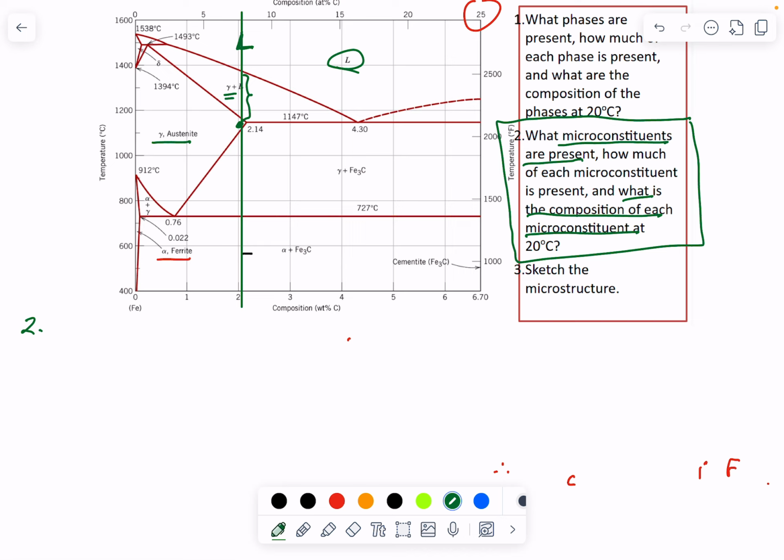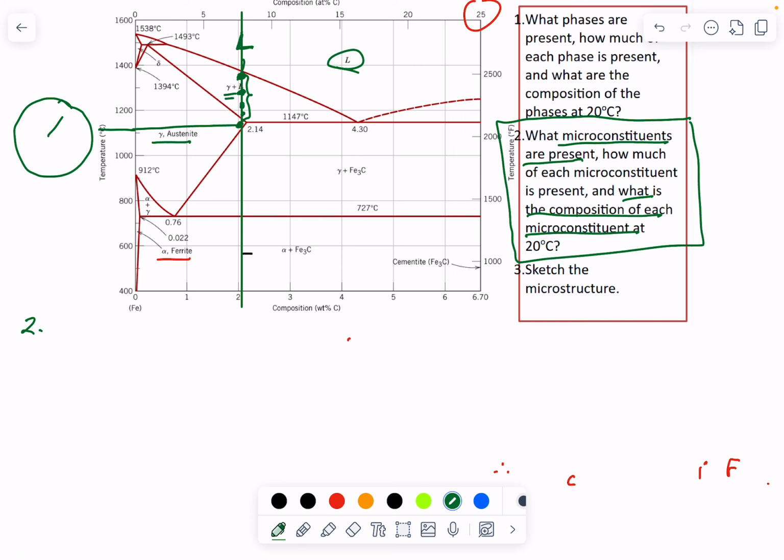Okay, so right there at this temperature, I want you to imagine what the microstructure would look like. As we entered this from the liquid, as we entered the region where gamma was solidifying, we began to form some gamma. Then that gamma grew bigger, it grew really big, and now it's 100% gamma.